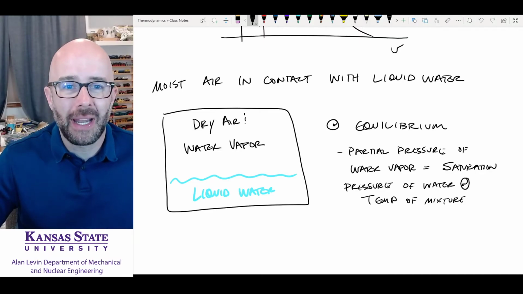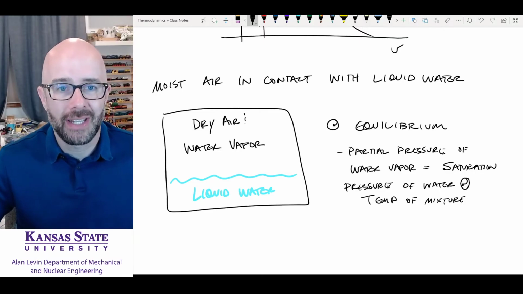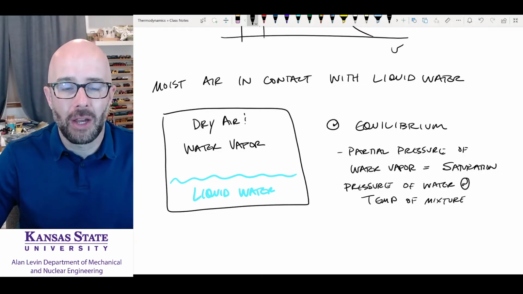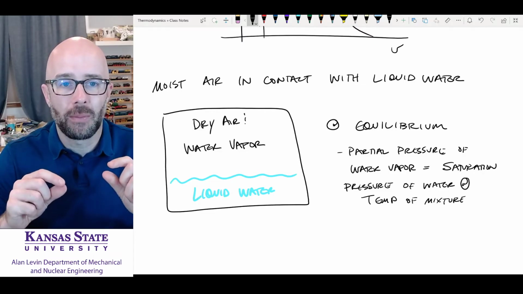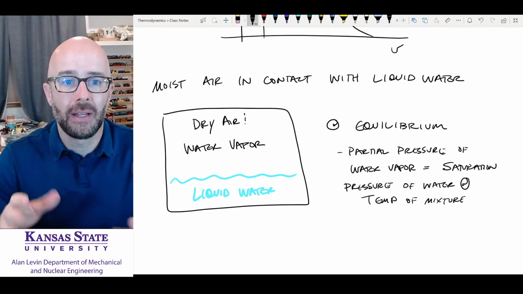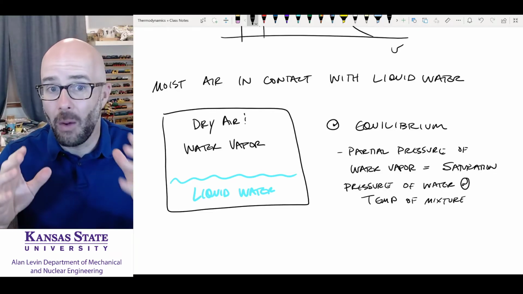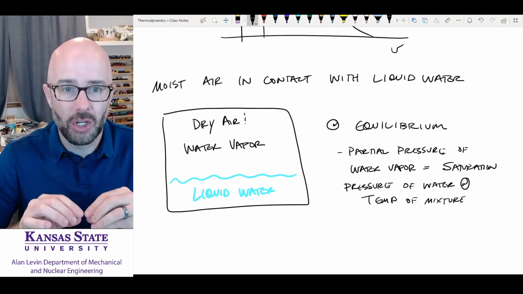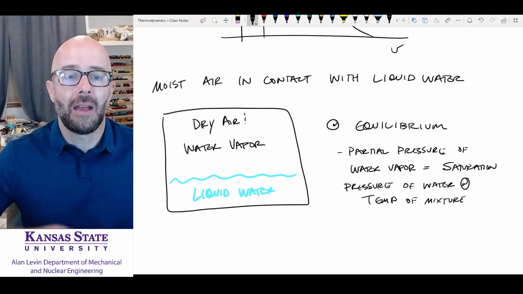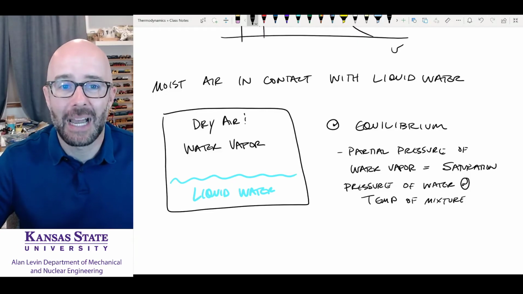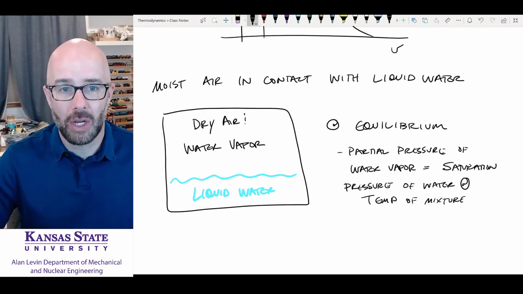This is why when you're washing dishes and you have pots and pans out there with little beads of water on them, they evaporate. The energy from the air comes over it. Air sees the water, says, "Hey, I want some of that water in the solution." It puts energy in, evaporates that water, and brings it into that moist air. So that's what's going to happen anytime you have this situation.